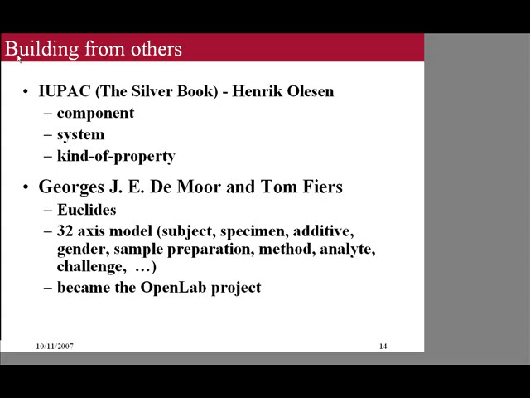And we learned a lot from that, and you recognize, for instance, that the component system kind of property has prevailed as a fundamental tenet of how LOINC codes are created. We'll talk more about what each of those things is, but just to recognize that there were a lot of people who contributed to the conceptual framework.